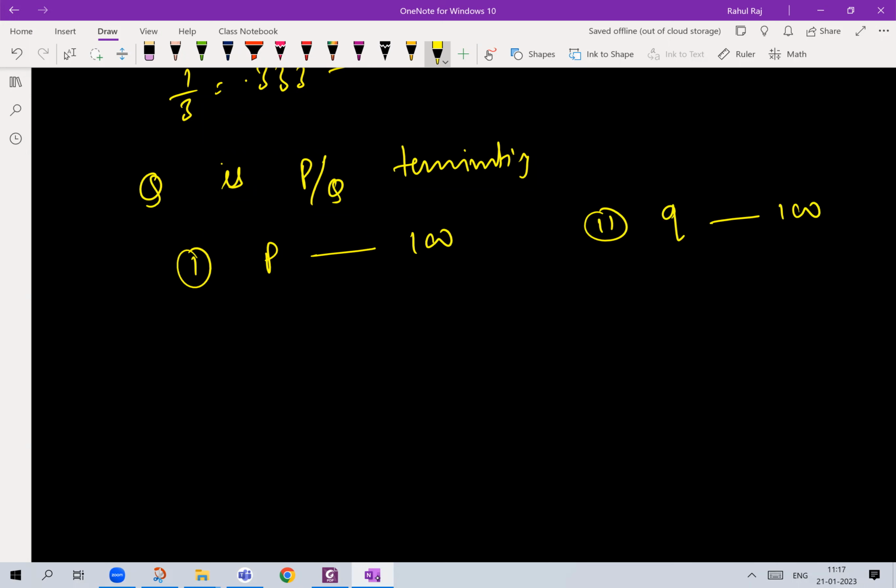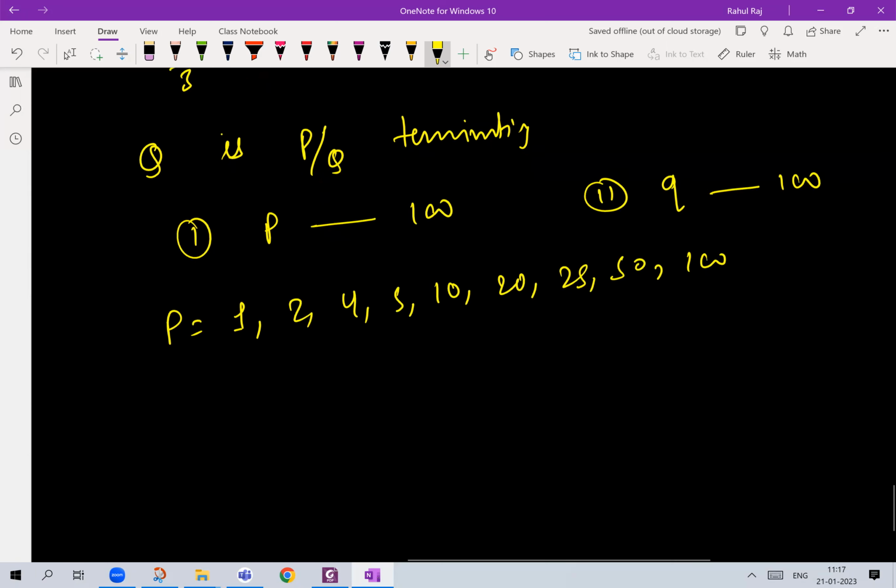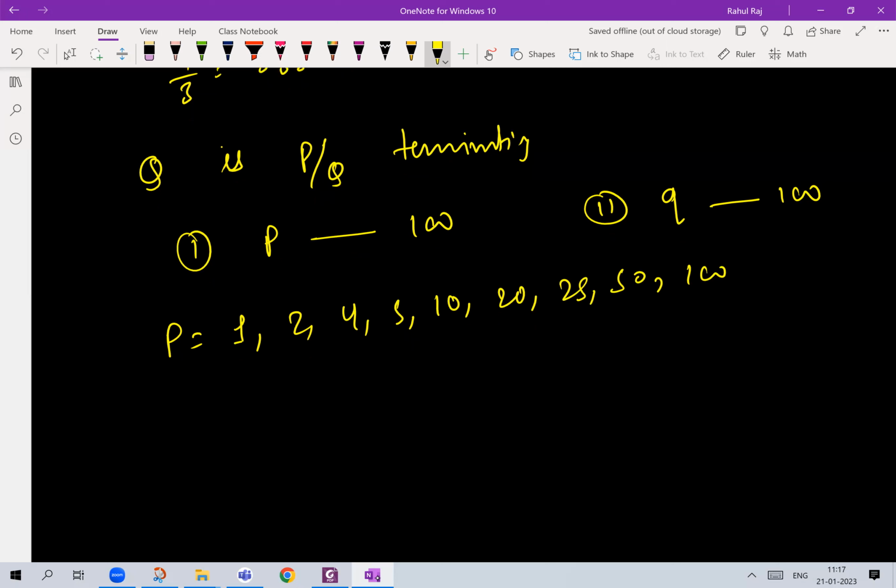So imagine if a number P is a factor of 100. What does this mean? That all the numbers that divide 100 leave remainder 0. Simple. So if P is a factor of 100, P can be 1, 2, 4, 5, 10, 20, 25, 50, 100. These are the values P can take. But from option number 1, I have no idea about Q. Be very sure about it.